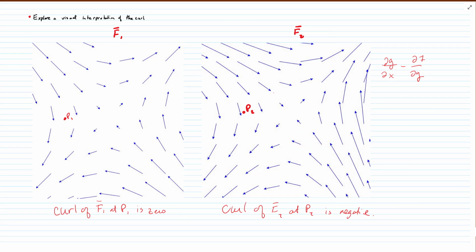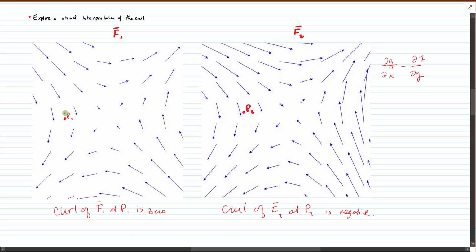As a reminder, I first put up these two vector fields and said the curl at P1 is 0 and the curl at P2 is negative. Although the vector flow lines are moving in paths around this point 1, there's no real difference in how the vector flow lines would be hitting this side of the pinwheel versus this side.